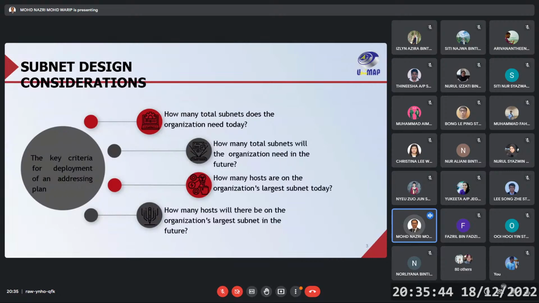How many departments? Surgery, clinic? How many? You need to know the number of VLANs or subnets.